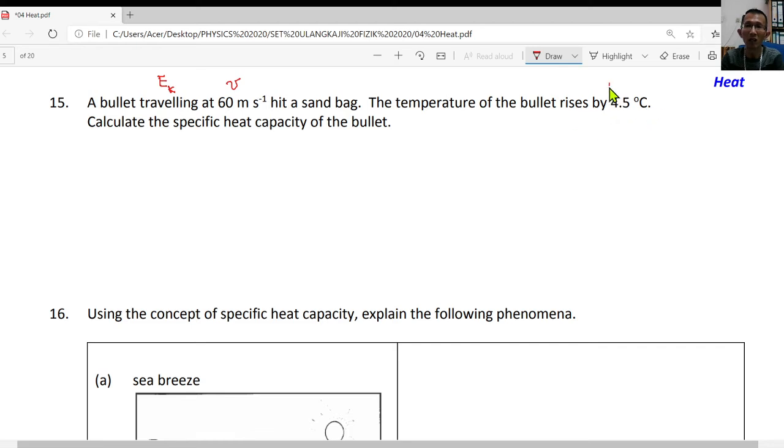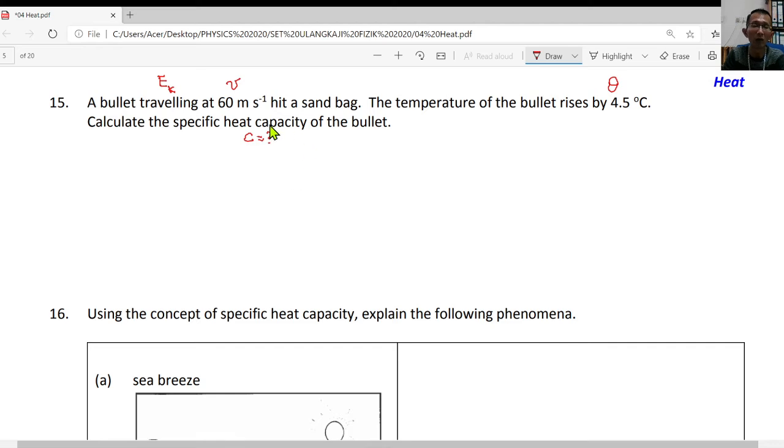So here is my theta. Remember that theta is equal to final temperature minus initial temperature, but here the rise is 4.5 degrees Celsius. And you are to find out the value of c.